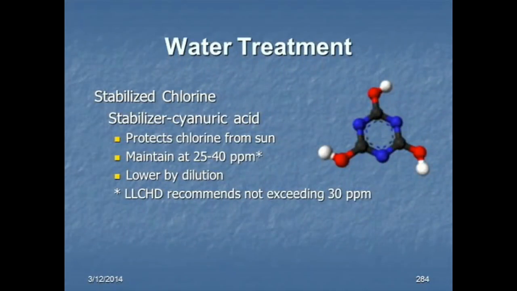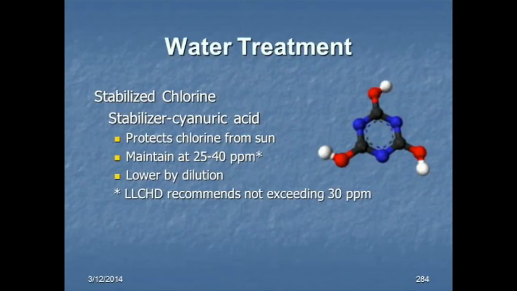We like to see and maintain, if you're going to use a stabilizer or stabilized form of chlorine, 25 to 40 parts per million. Those are some general common numbers that are good numbers to maintain in a pool. In fact, I've even seen some studies where stabilizer numbers all the way down into the 5 and lower parts per million still had that benefit of protecting the chlorine from the sunlight.